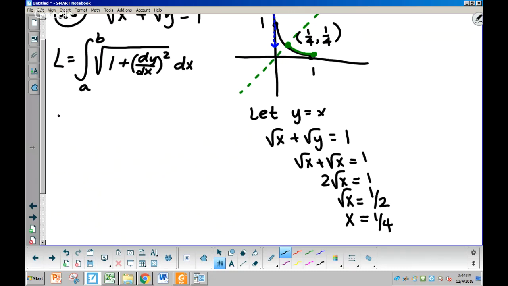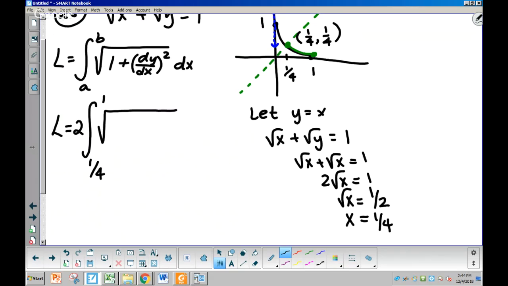Okay, that makes sense. So I'm going to find the arc length and go 2 times the integral from 1/4 to 1. And then I have to have the square root of, well, I need dy dx.